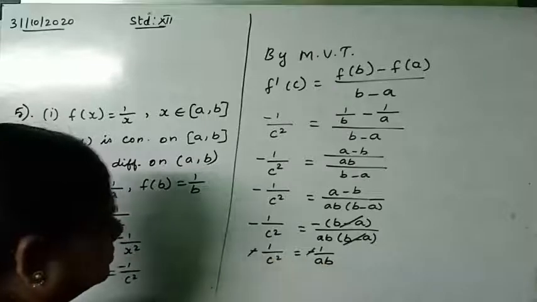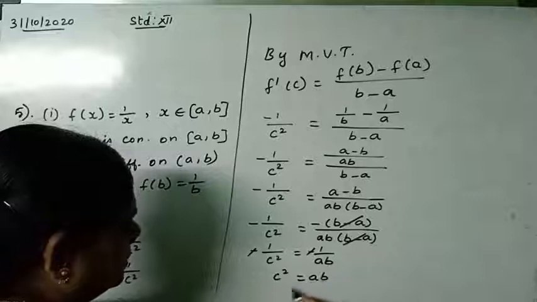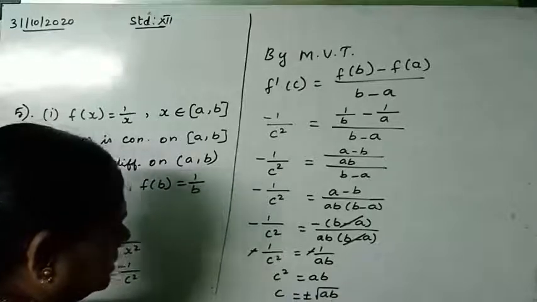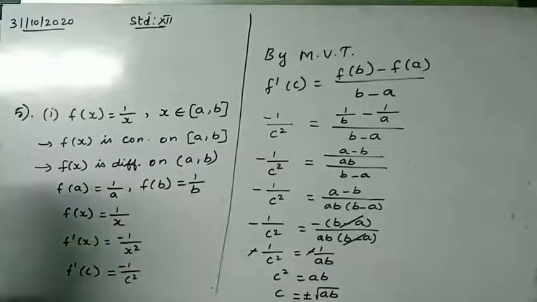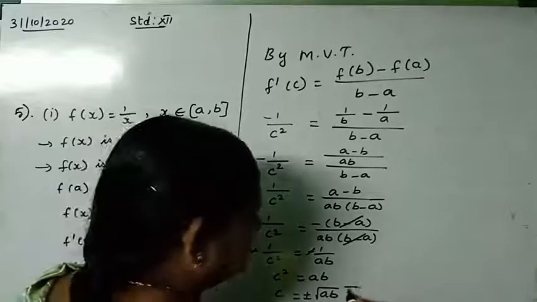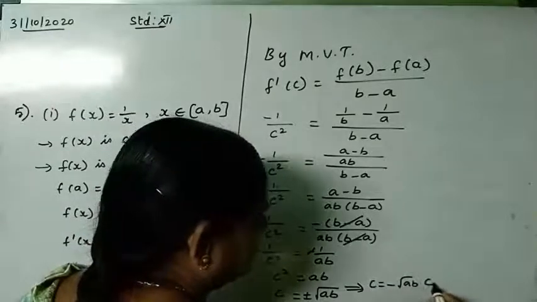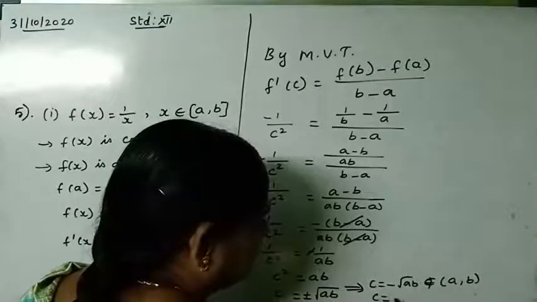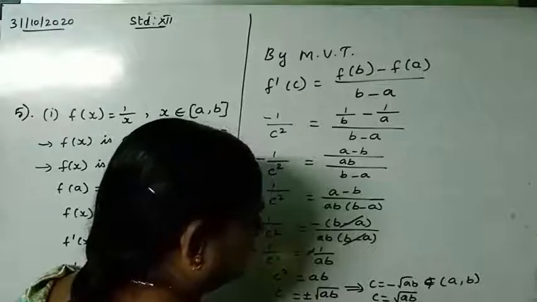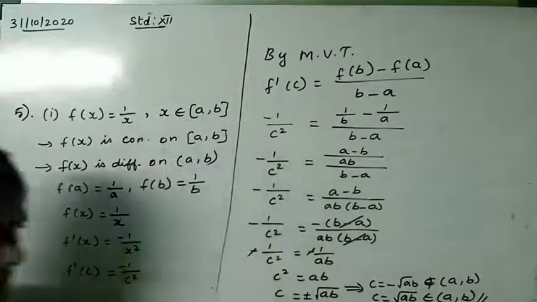Cancel this minus, then c square is equal to ab. So therefore c is equal to plus or minus root of ab. Now since the interval is positive, we are getting only the positive answer. So c equal to minus root ab does not belong to the interval a comma b. Therefore c equal to square root of ab, positive, belongs to a comma b, is the answer.